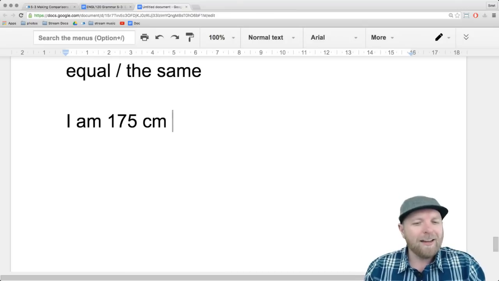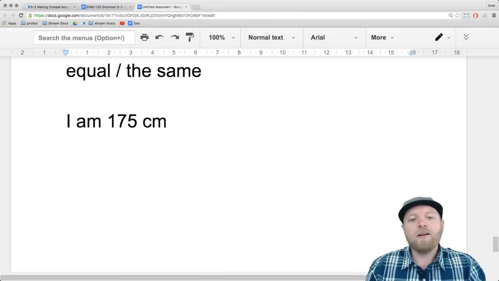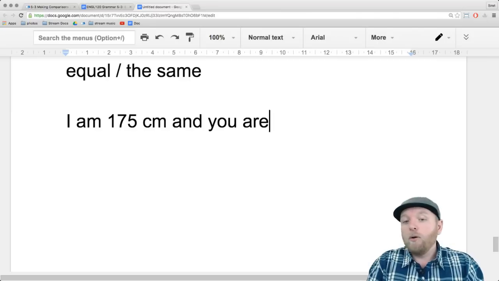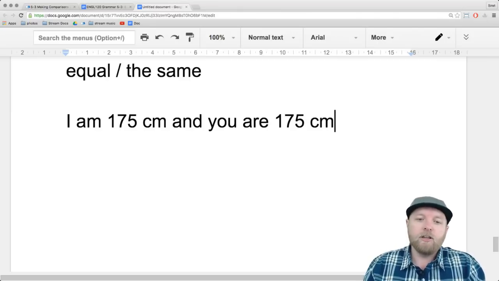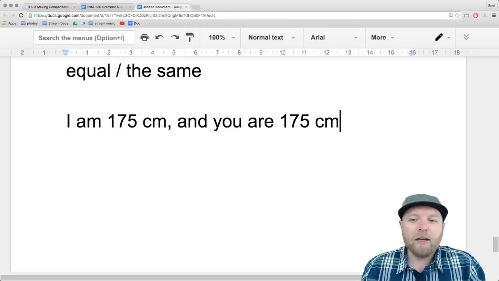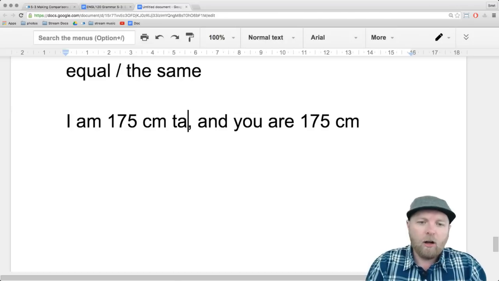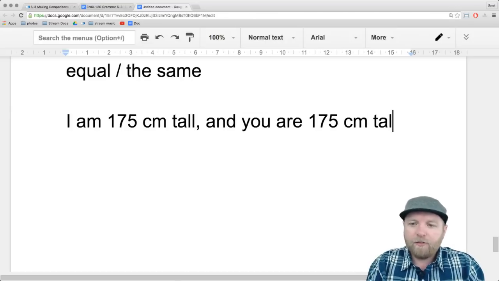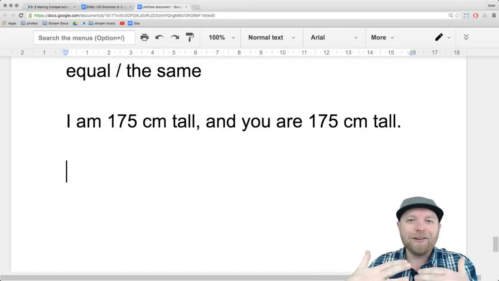Anyways, I think I'm 175 centimeters. And you are 175... I should use a comma here, right? I'm teaching students how to use commas and I make a mistake. I'm 175 centimeters, we should write tall, and you are 175 centimeters tall. What does that mean? We are equal, we are the same, right?